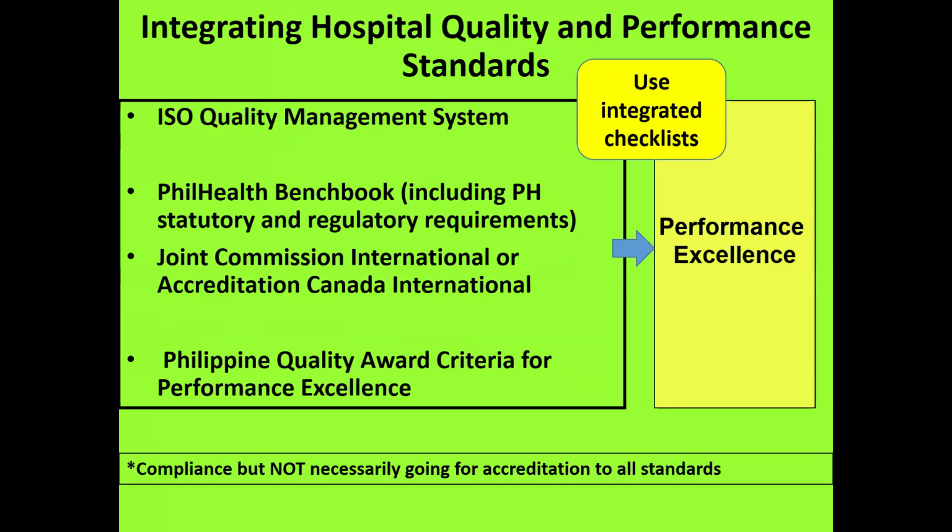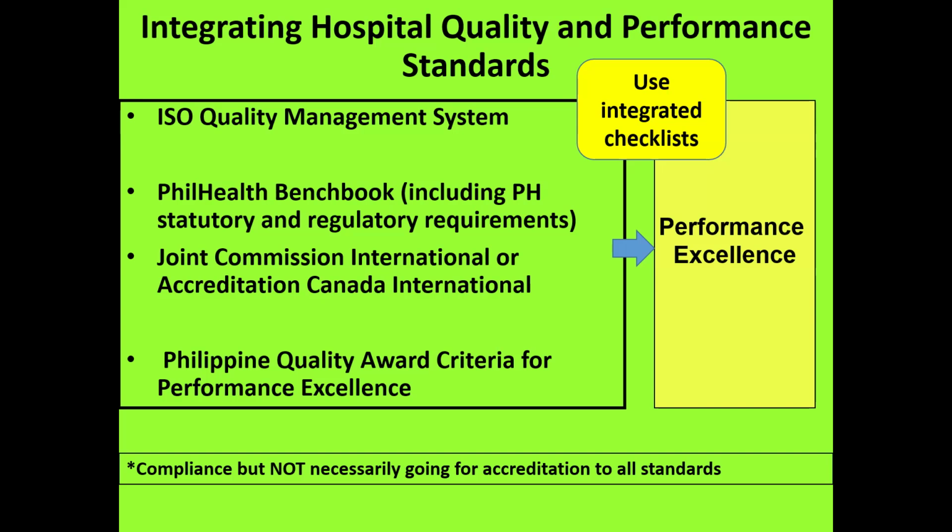So one can study all the stipulated standards in the different sets of published quality standards, which are readily available on the internet, and come out with an integrated checklist, and then comply through self-directed learning and training and continuous improvement.